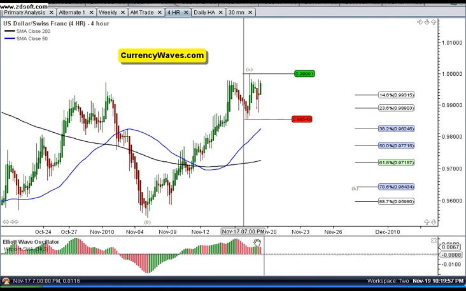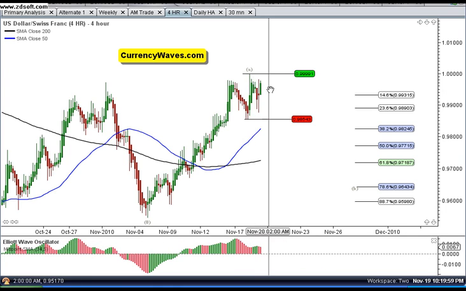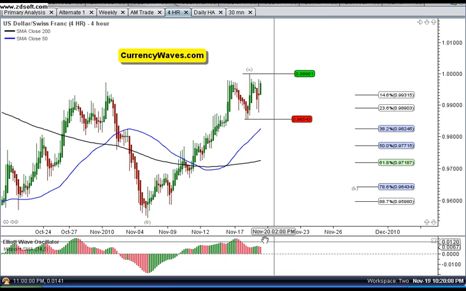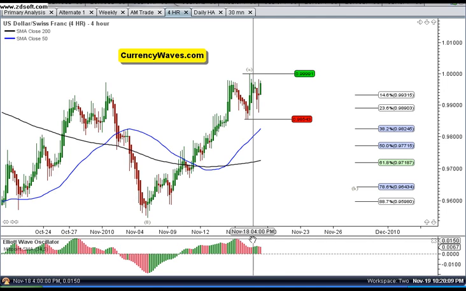Any move higher will probably be on divergence, so I'll have to watch for that. See if the divergence continues, or if the move up would have to be pretty strong to break this high on the Elliott wave oscillator.